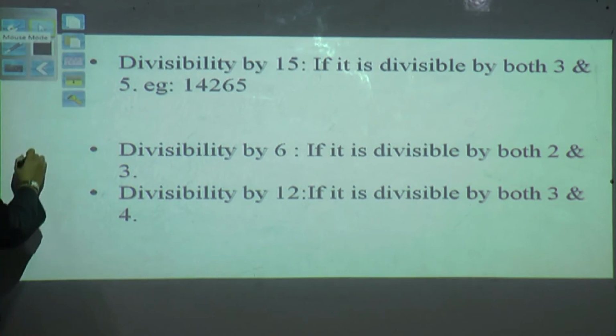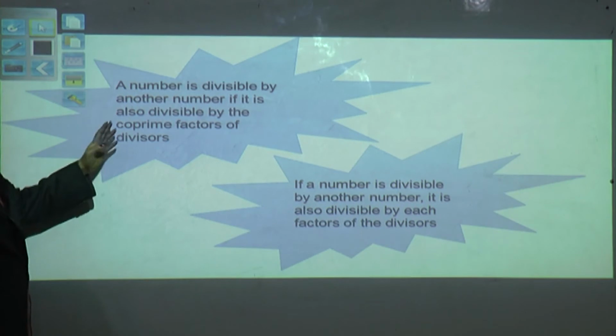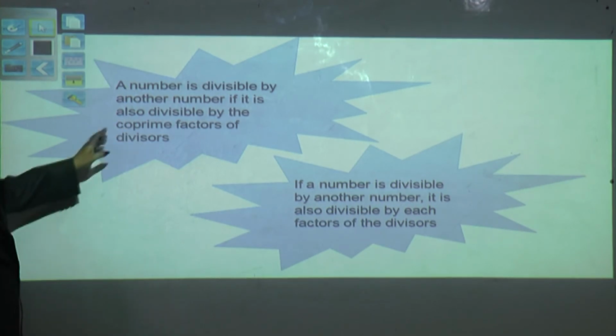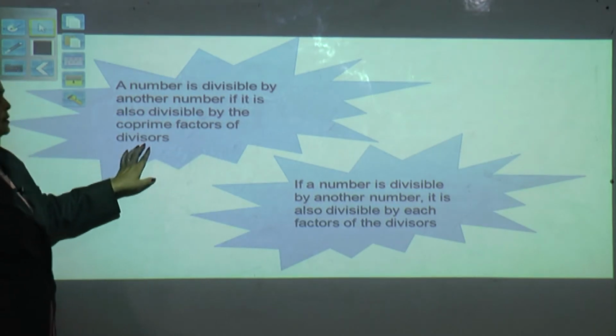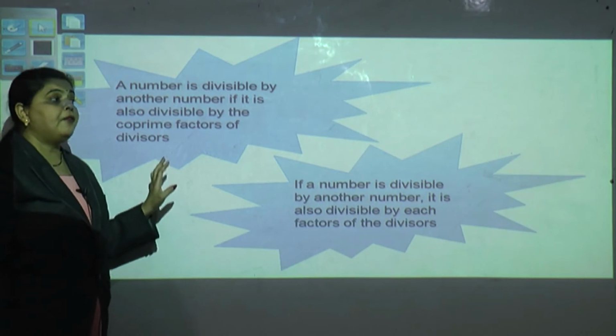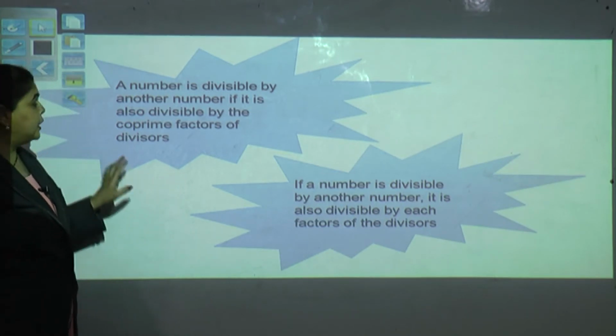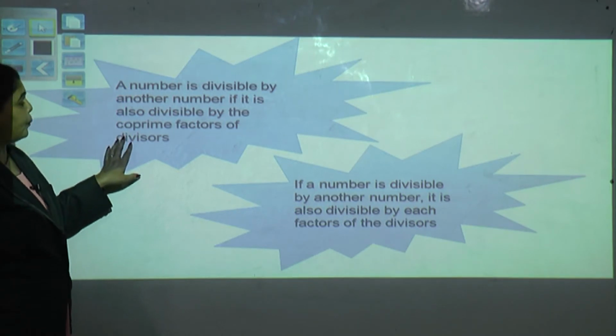Next, a number is divisible by another number if it is also divisible by the co-prime factors of the divisor. Do you know what co-prime numbers are? In the previous class we learned about prime numbers, prime factors, and co-prime numbers.